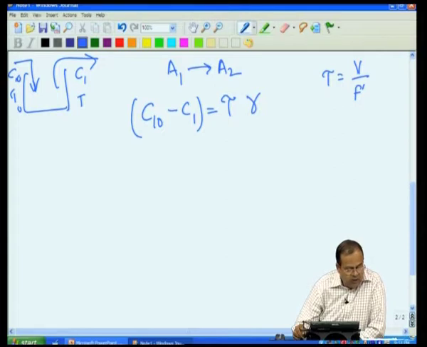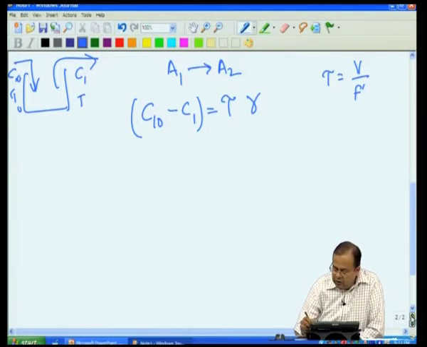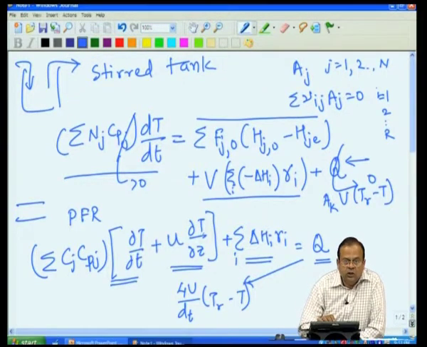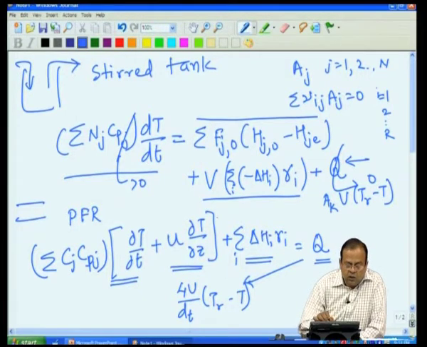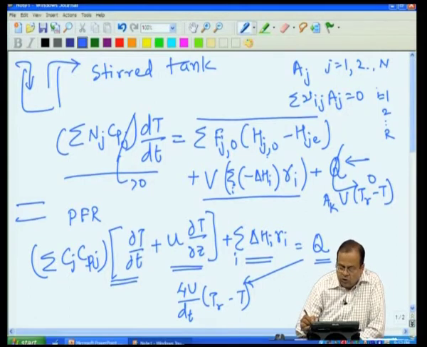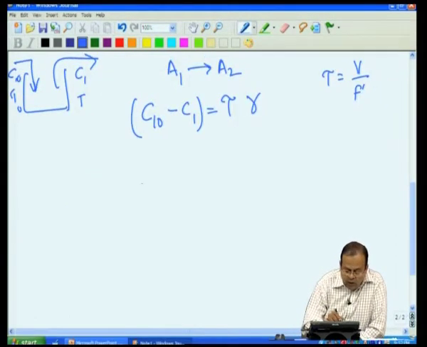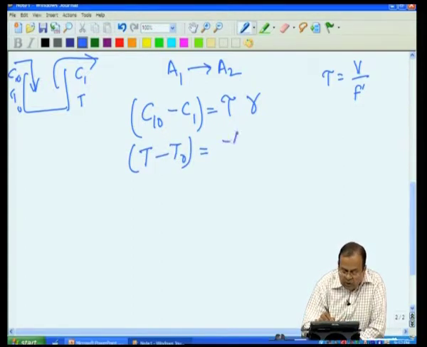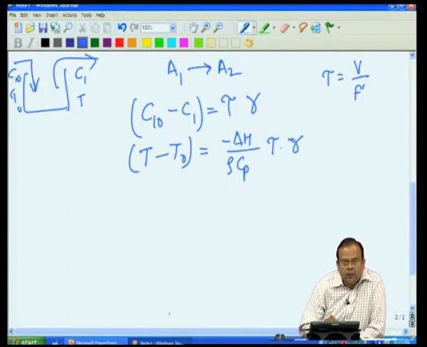So, this is our mass balance, and now if we assume that the property that is in this energy balance, we will write Hj, the enthalpy, as Cp into T, the temperature terms, and we will assume those properties are constant and define the mixture property. Then we can simplify that energy balance as minus delta H by rho Cp into tau into R. So, essentially what we have done is we have considered a single reaction.